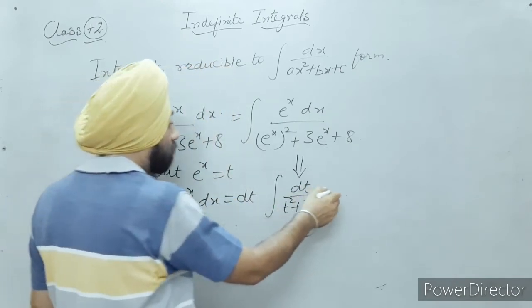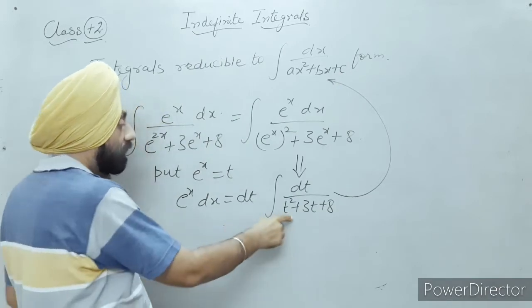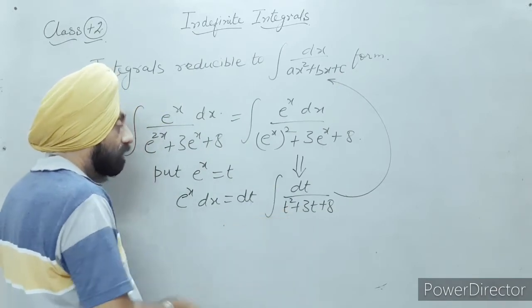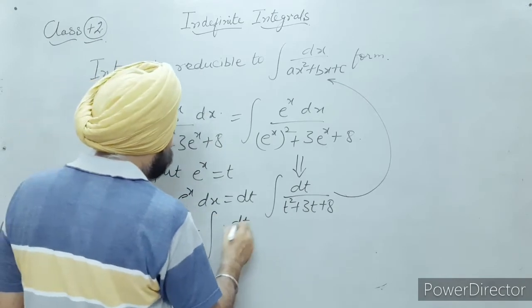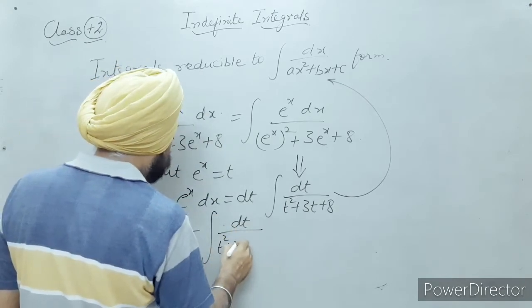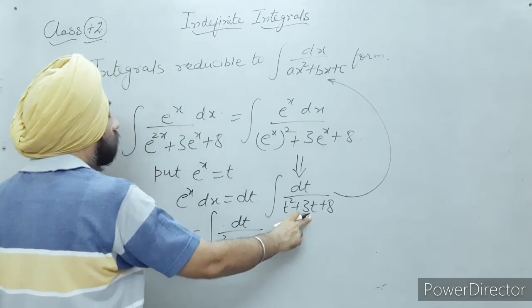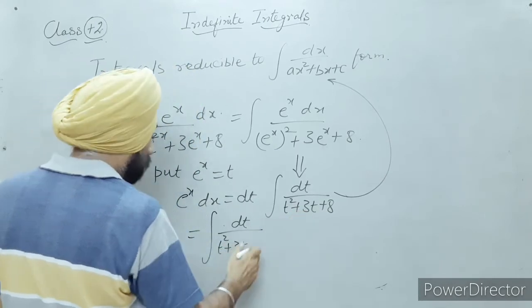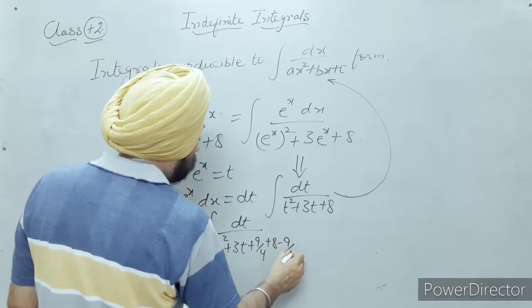Now this integral gets reduced to this form, and make sure that the t square coefficient is 1. It is already there. Now it becomes simple. Just complete the squares. That is t square plus 3t, half the coefficient of t, that is (3 by 2) square, 9 by 4, plus 8 minus 9 by 4.